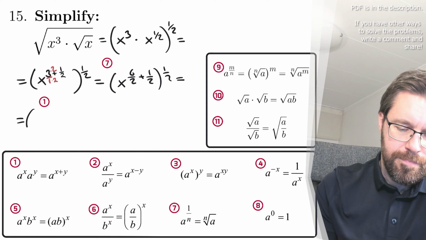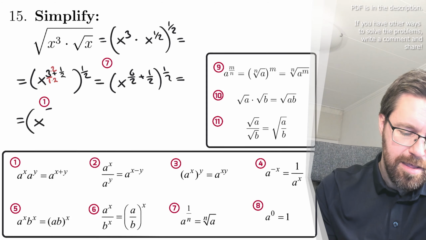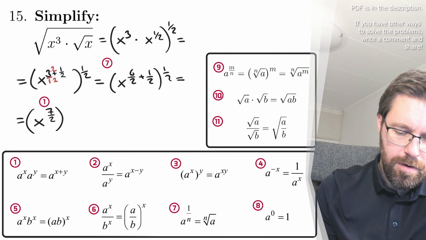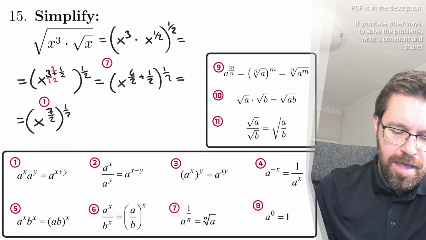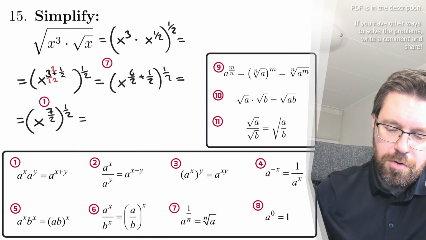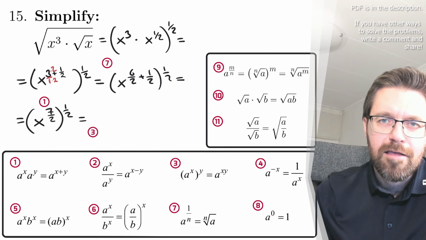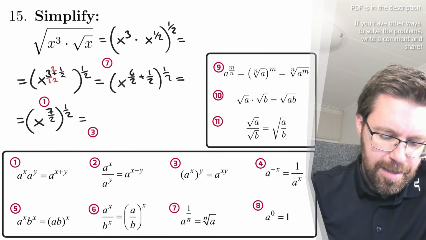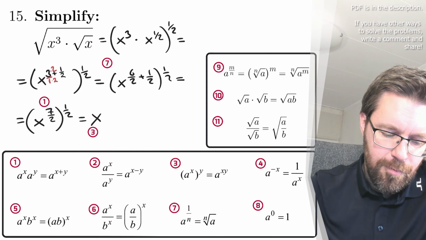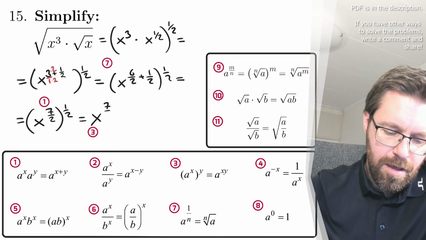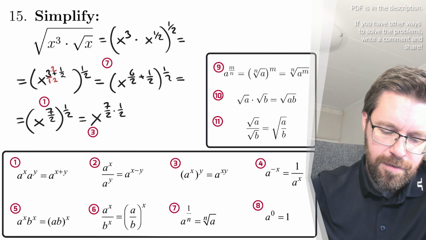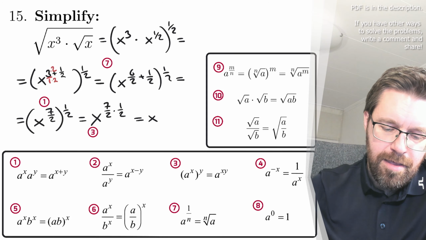So x raised by 7/2 raised by 1/2, and you can use rule number 3 to multiply the exponents to each other. And then we have x raised by 7/2 times 1/2, and it will be 7/4.